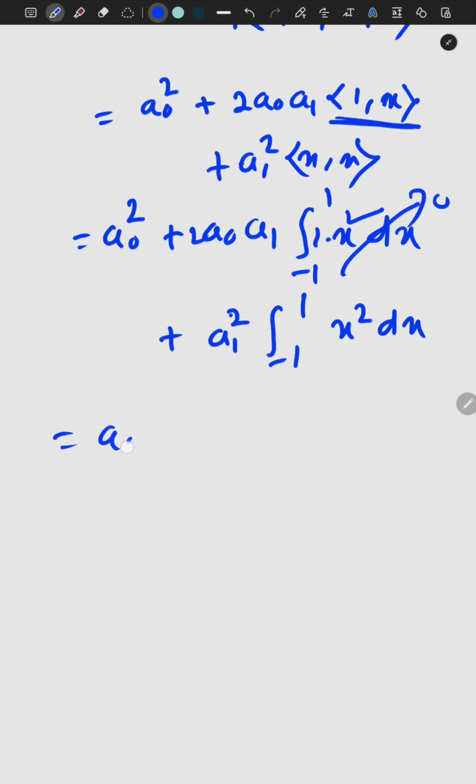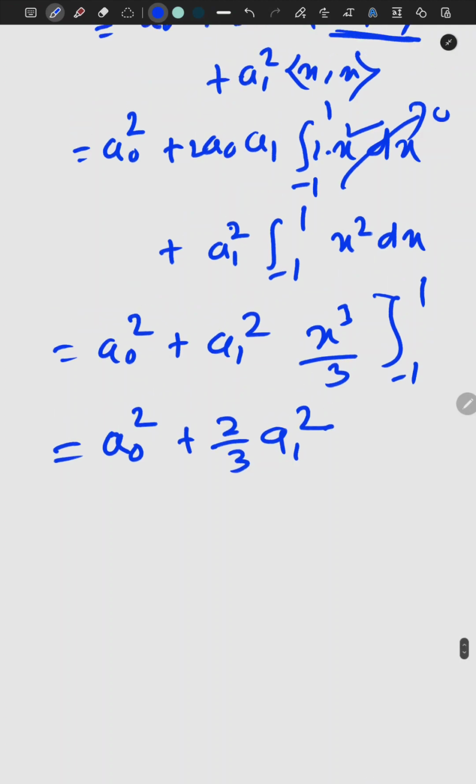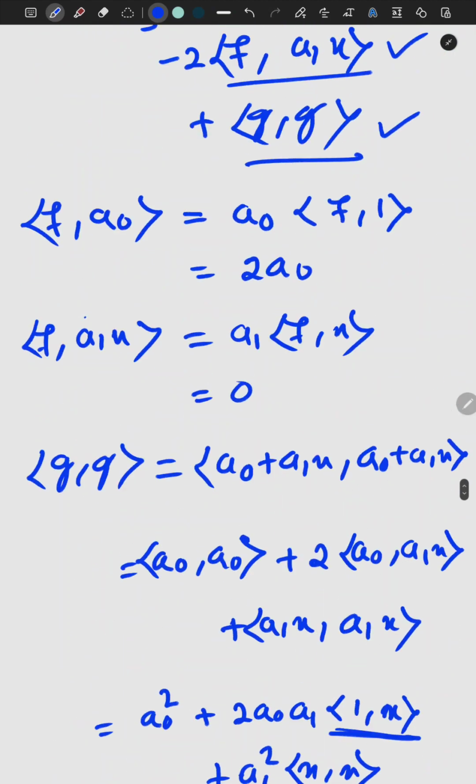So finally it gives a naught square plus a1 square times x cube by 3 from minus 1 to 1. If we simplify it, 1 by 3 minus minus 1 by 3 gives 2 by 3. So we write it as 2 by 3 a1 square. Means we have calculated these three terms.